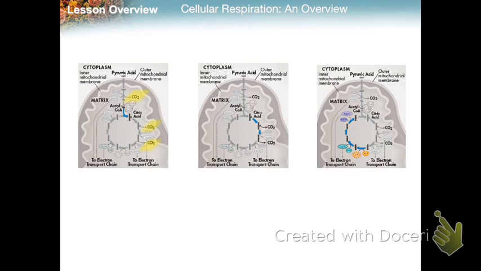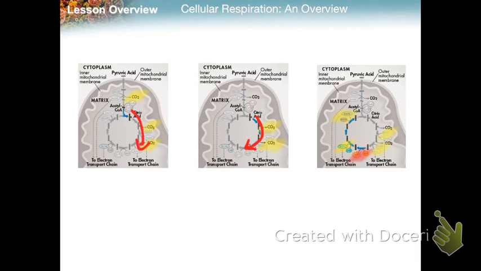And then we see that here also, we're circling around. And then, I don't know why all of these aren't colored in, but we have electron carriers here that are getting sent off to the electron transport chain. And then we also have ATP being produced here.